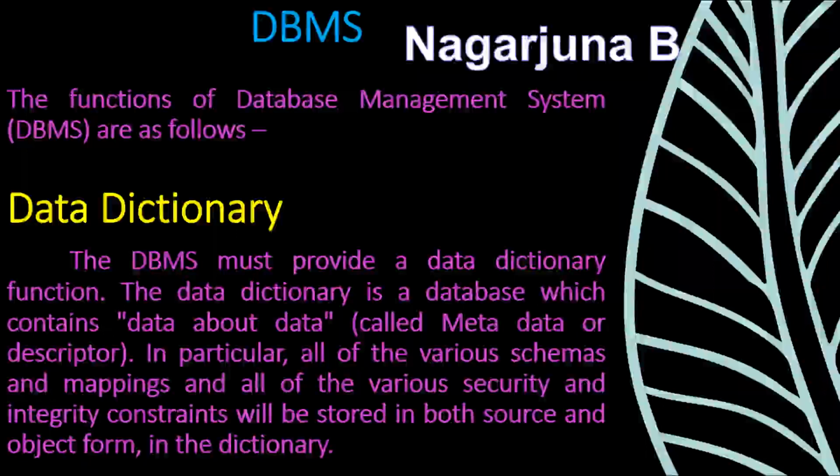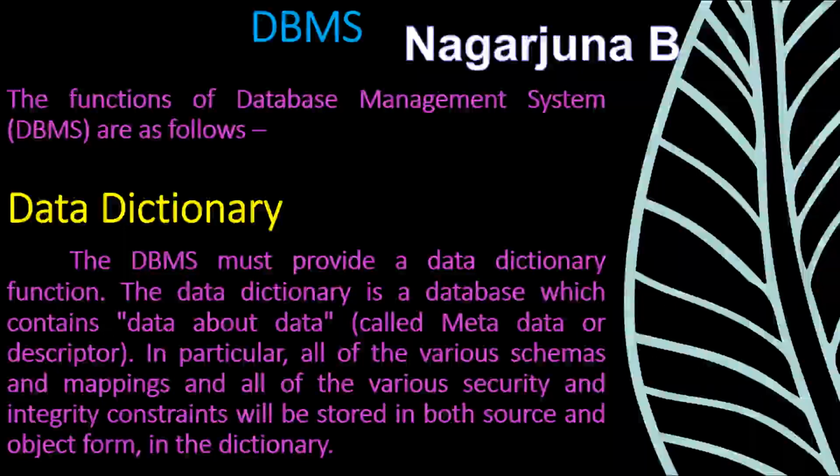It will consist of various schemas and mappings and all of the various security and integrity constraints, which will be stored in the source as well as in the object form in a dictionary. That means everything related to the database will be stored, and that is a data dictionary.